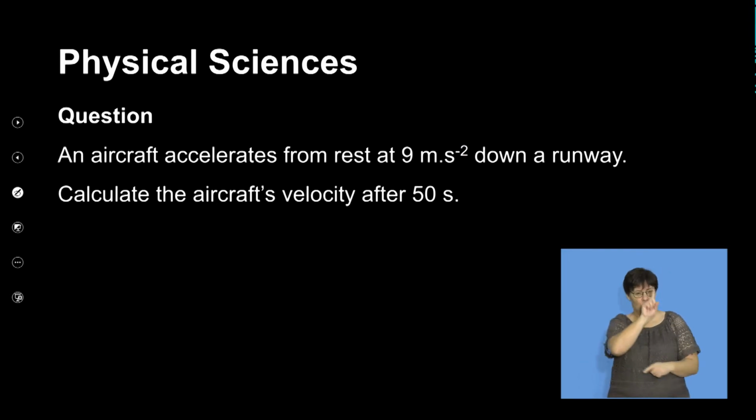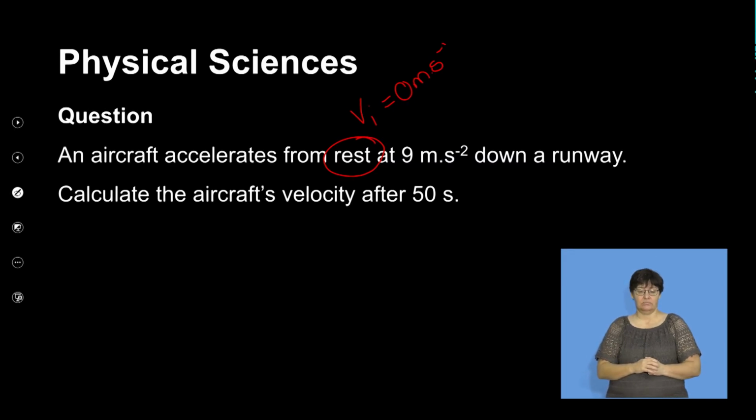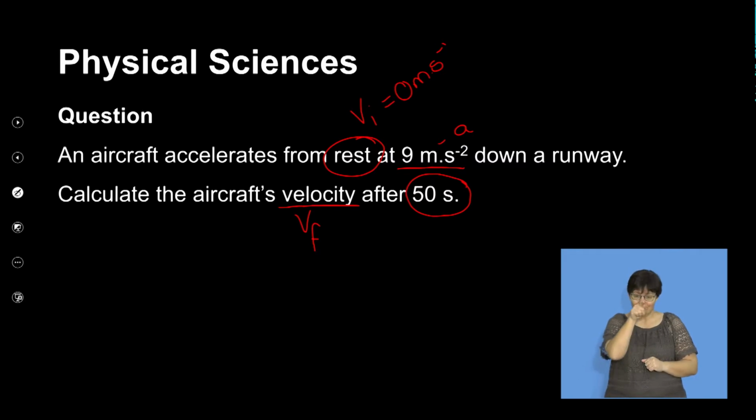Let's look at some questions. An aircraft accelerates from rest. Initial velocity is 0. At 9 meters per second squared, so that's A, down a runway, and they want to know what the velocity of the aircraft is, VF, after 50 seconds. What I've just done while I'm reading the question is really what you should be doing.